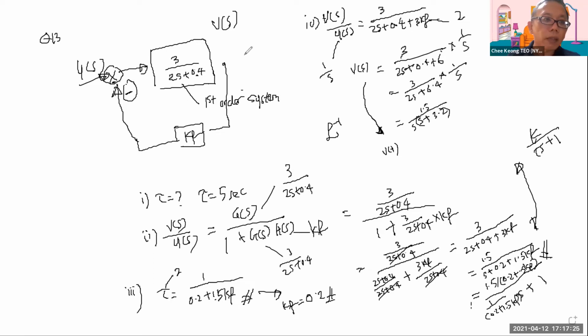Let me find the formula sheet first. It's usually at the last page. Okay, I'm there. Let me share the Laplace table so that you all can see.